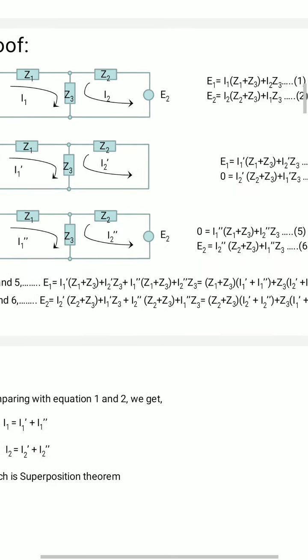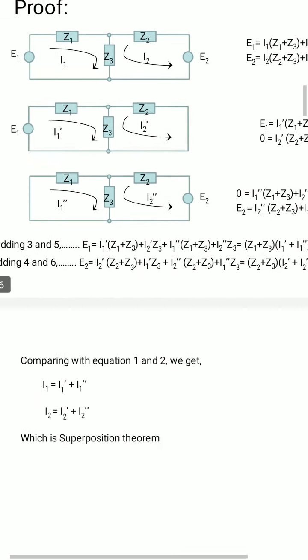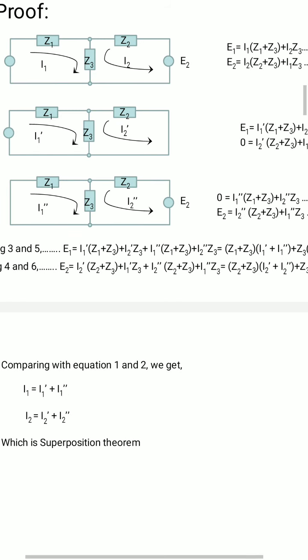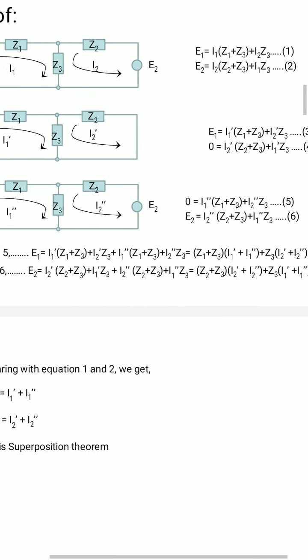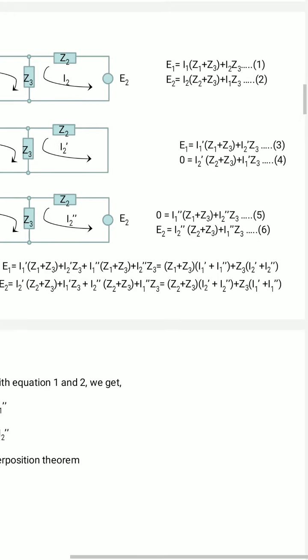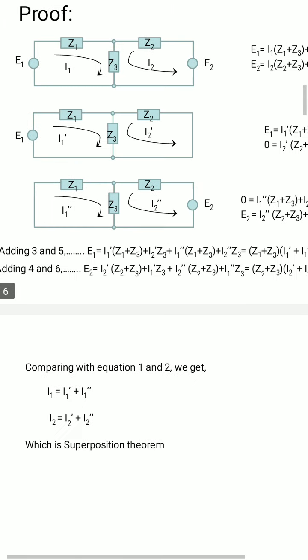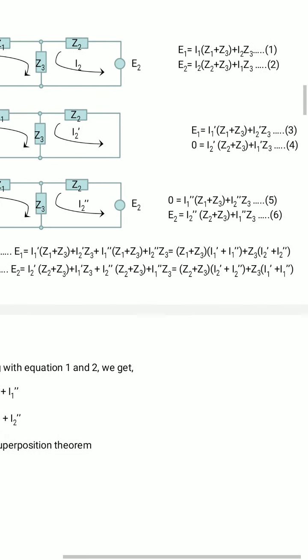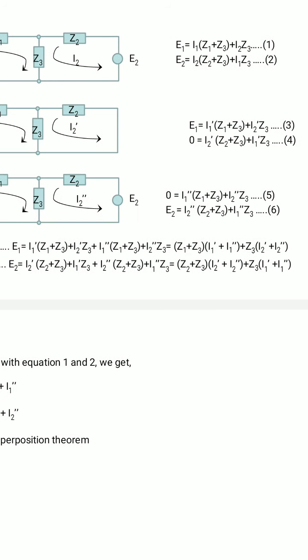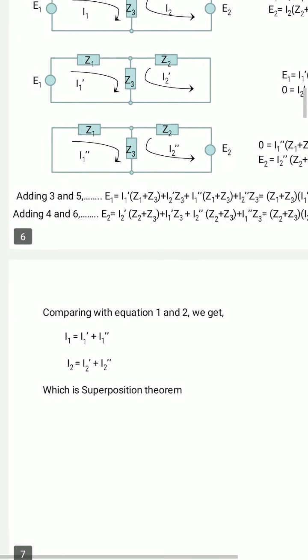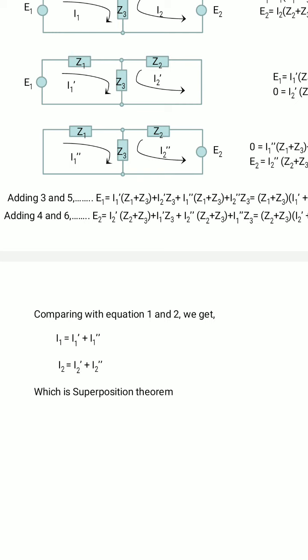So comparing these two equations with 1 and 2, you will get I1 is equal to I1 prime plus I1 double prime, and I2 is equal to I2 prime plus I2 double prime. Okay, so now you have the superposition theorem proved.